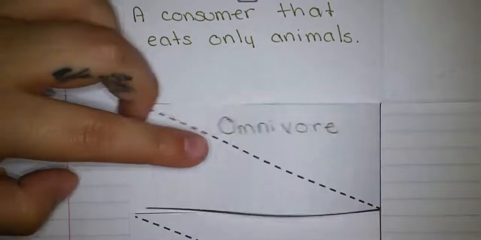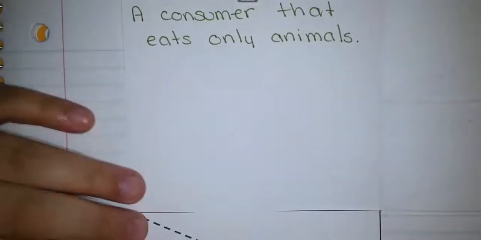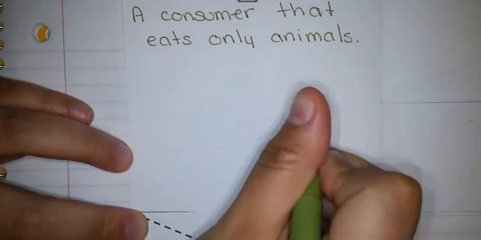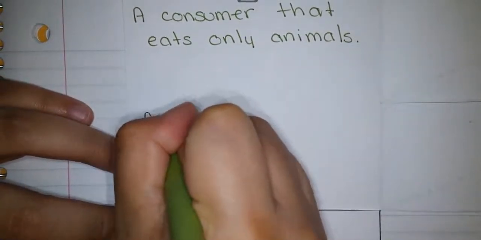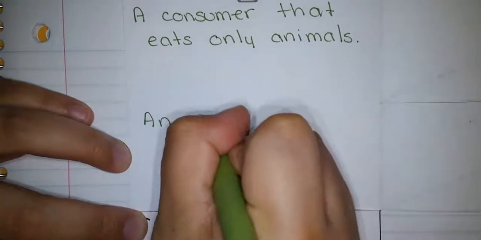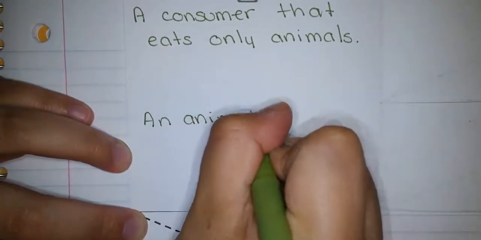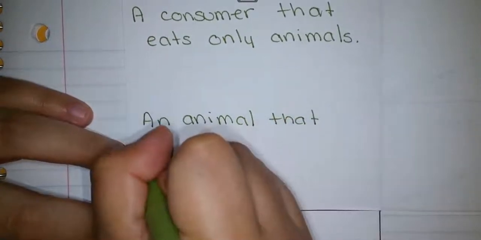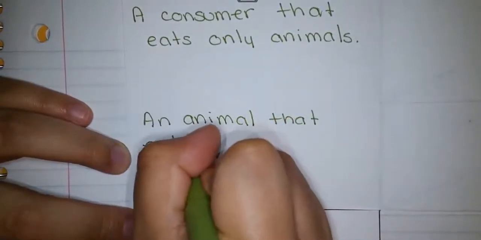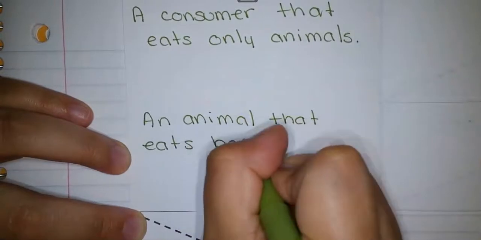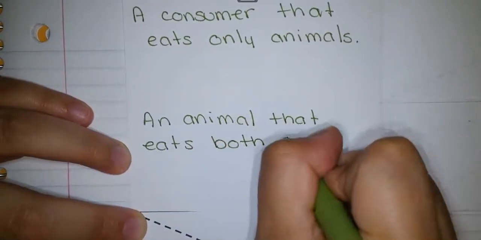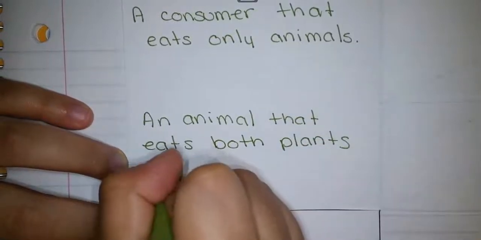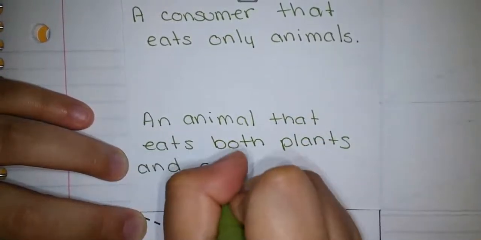And an omnivore is an animal that eats both plants and animals.